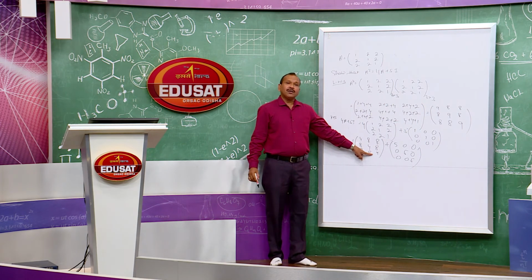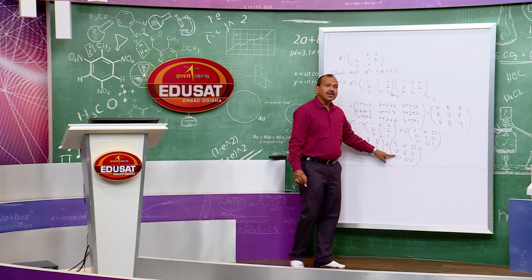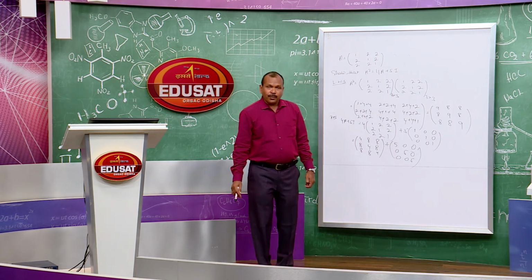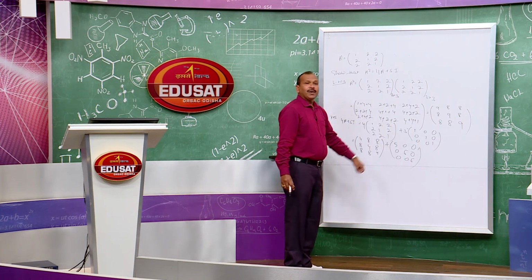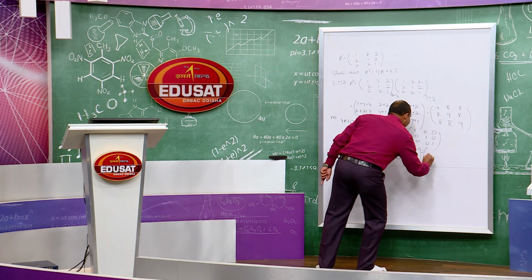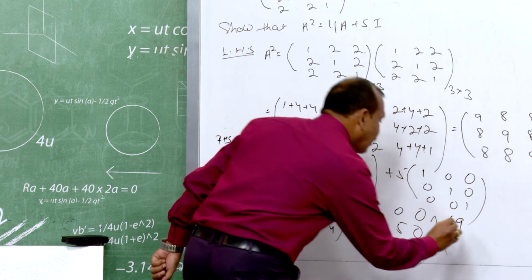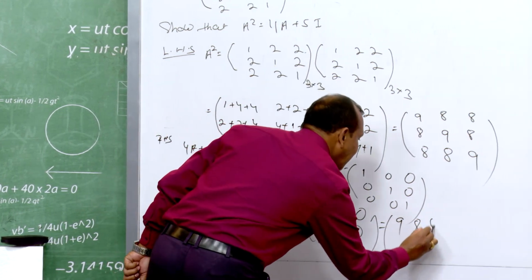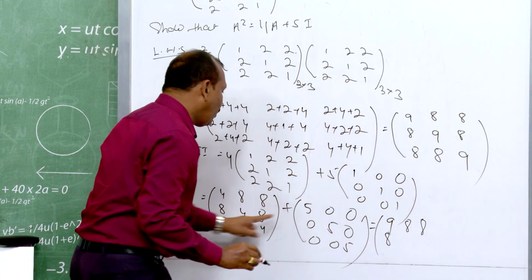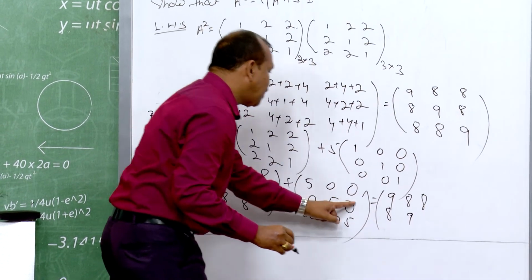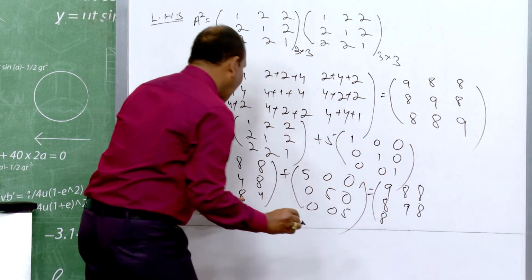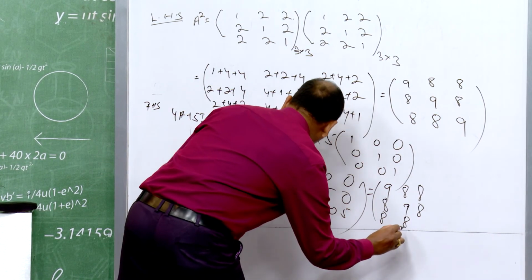This is a 3 cross 3 order matrix, and also this is a 3 cross 3 order matrix. Hence, matrix addition is performed and we add corresponding elements. 4 plus 5 is equal to 9, 8 plus 0 becomes 8, 8 plus 0 becomes 8, similarly 8 plus 0 becomes 8, 4 plus 5 is equal to 9, 8 plus 0 becomes 8, 8 plus 0 becomes 8, 8 plus 0 becomes 8, 4 plus 5 is equal to 9.